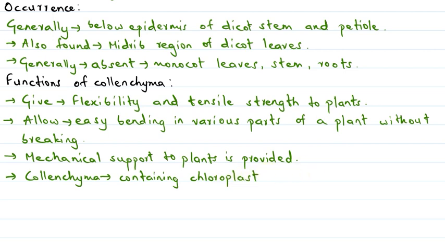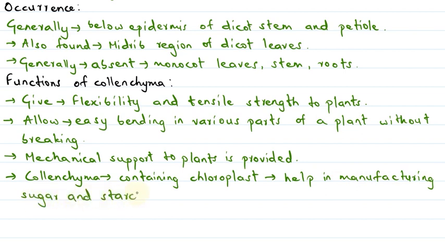Those collenchymatous tissues that have chloroplasts are also useful in manufacturing. Okay, they are useful in manufacturing sugar and starch in plants. Okay, so these are the various important functions of collenchyma tissues.